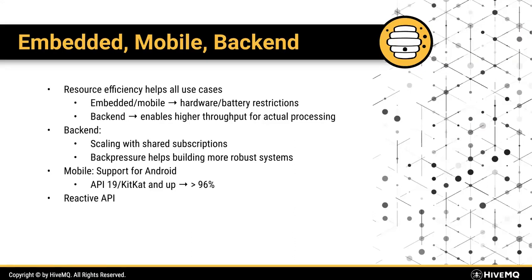And the reactive API helps on Android, because a lot of libraries on Android are written with reactive libraries, and because of the responsiveness of reactive programming, it is loved by Android programmers. But the reactive API can also help in the backend to ensure the resilience and improve the overall robustness.